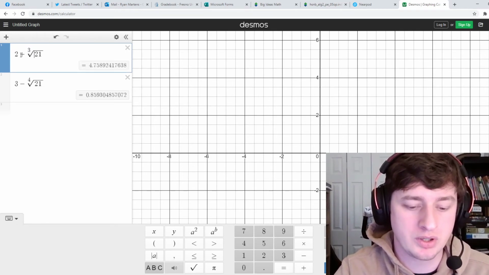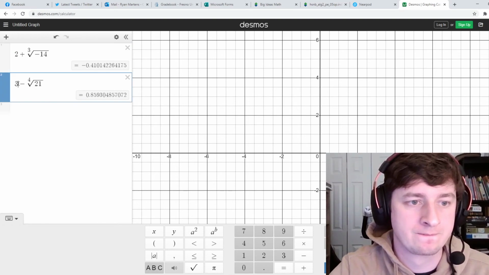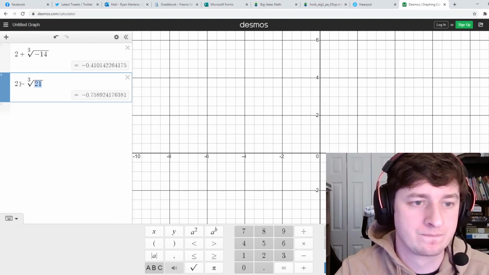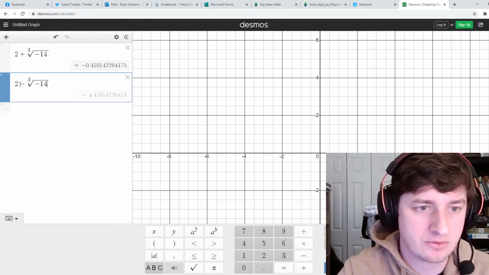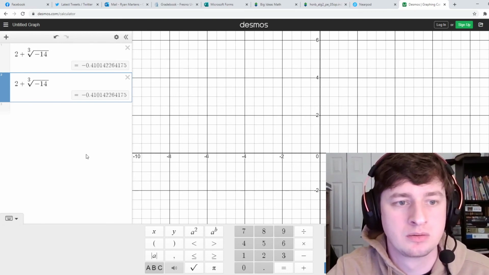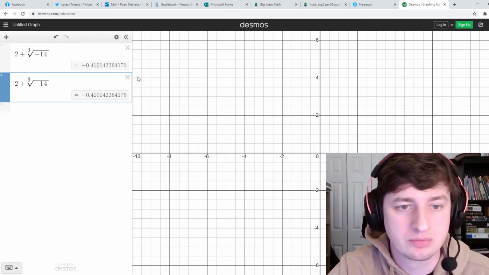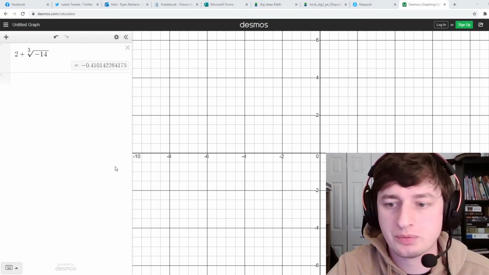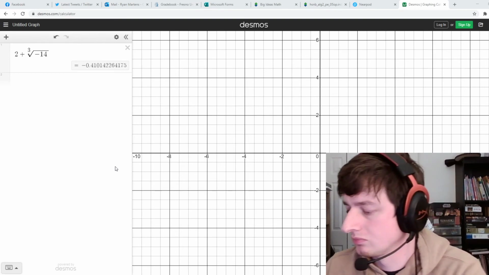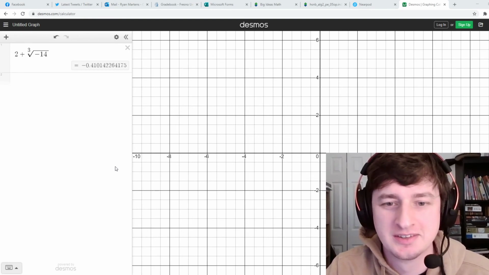This was a cube root, and it was negative 14. 2, cube root, negative 14. And this should actually be not minus, but plus. I don't know why I did that twice, because there's no plus or minus. So it's just this one value.